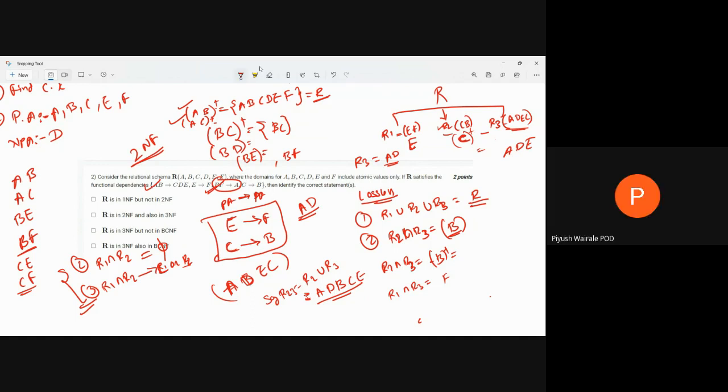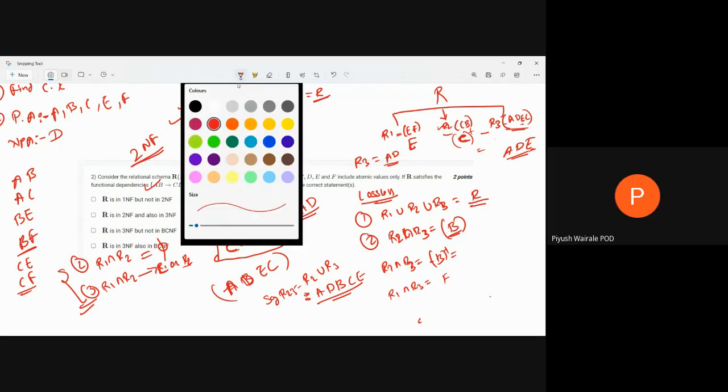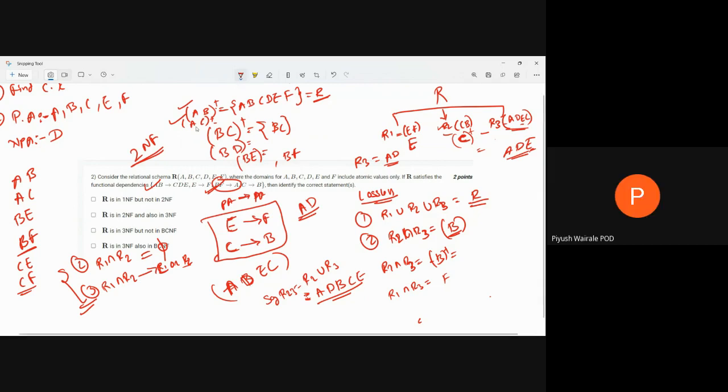So if you take ADE and check for the first condition, that is R1 intersection R3, in this case E is a common attribute, right? Yes, sir. And if you take the closure of E, we'll get R1. But now to check for R2 also, what we have to do: say R13 equals R1 union R3.